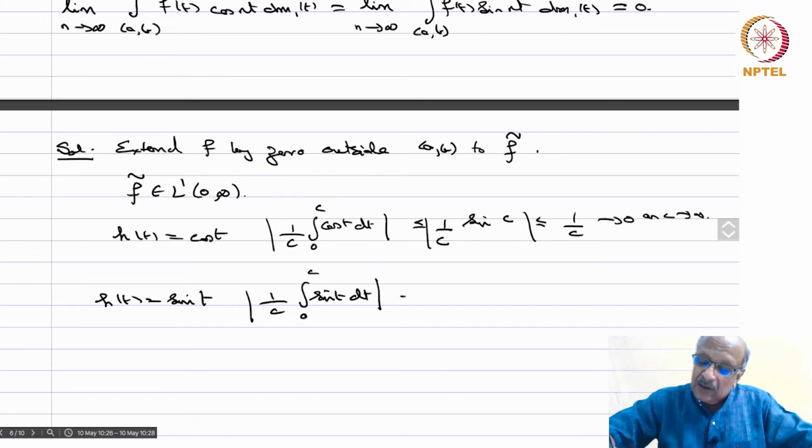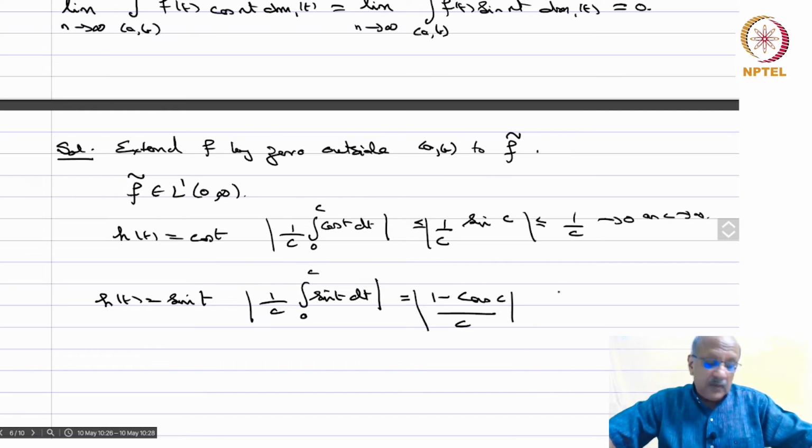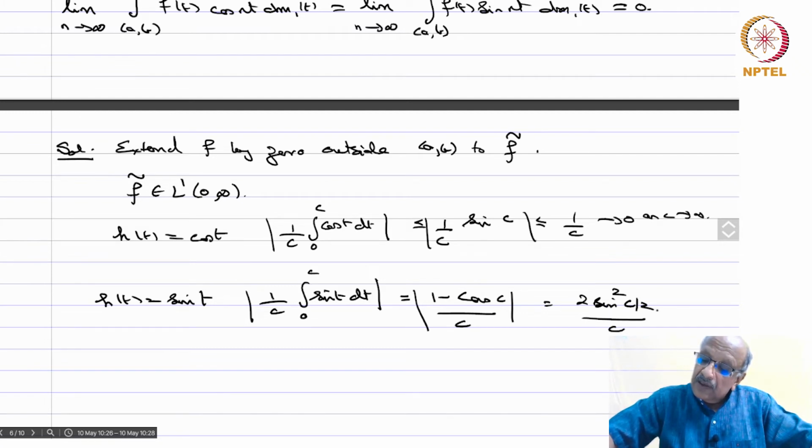Okay, and this is equal to (1 minus cos c) by c, which is equal to 2 sine squared(c by 2) by c, and therefore that's less than 2 by c, which goes to 0 as c tends to infinity.